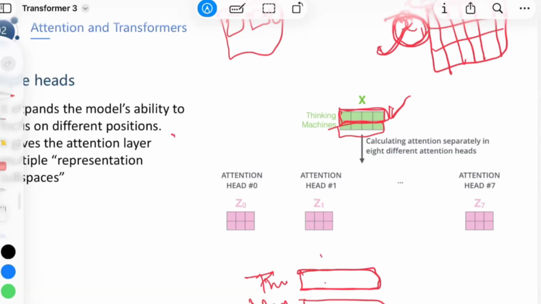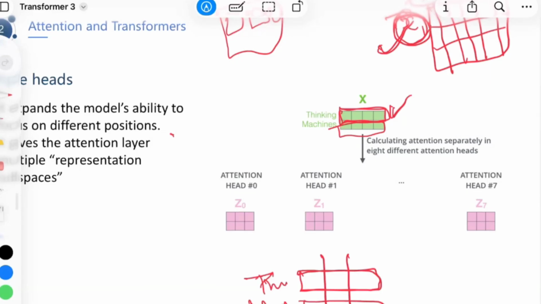So why shouldn't I divide this vector into multiple parts, so that each part will have local information? Now this part does not contain the information of the full word thinking. It could contain the information of maybe THI or something like that.